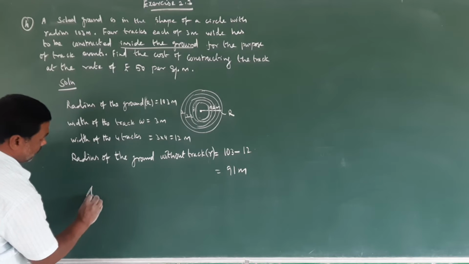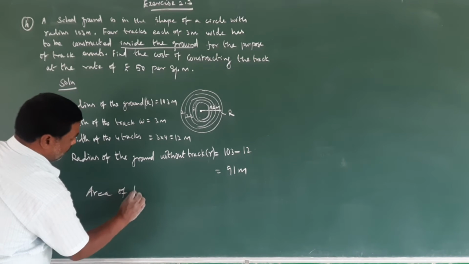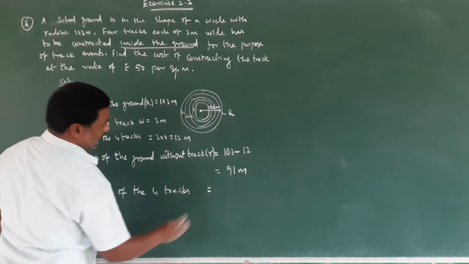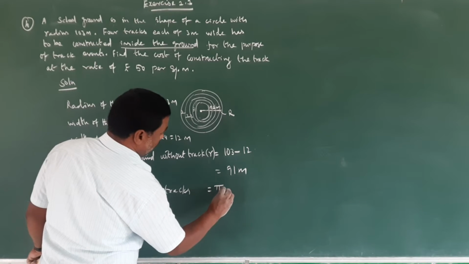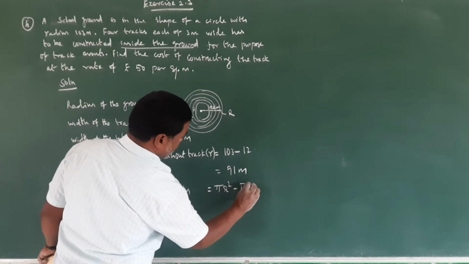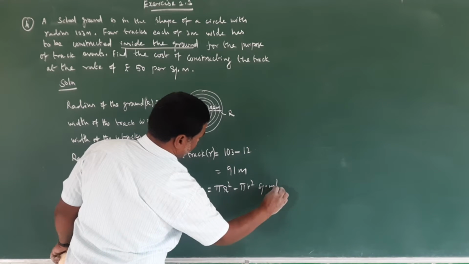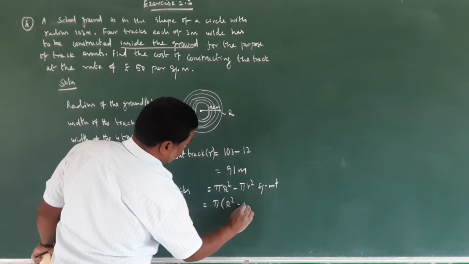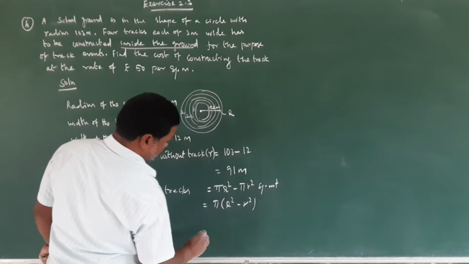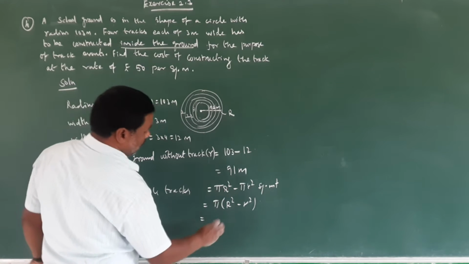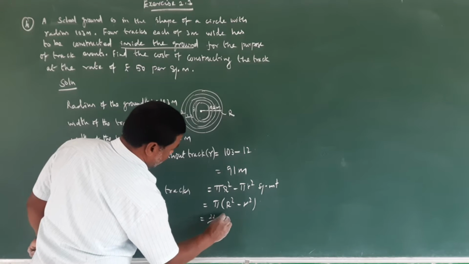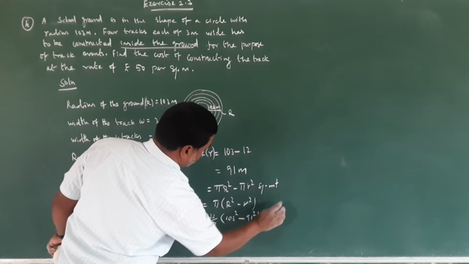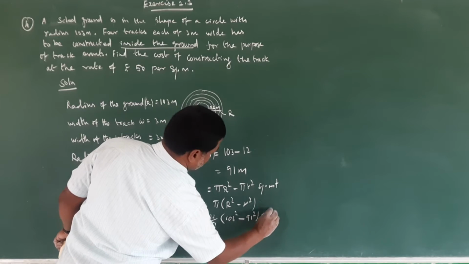Now area of the 4 tracks equal to pi capital R square minus pi small r square unit. Now substitute. Pi is 22 by 7 into 103 square minus 91 square meter square.